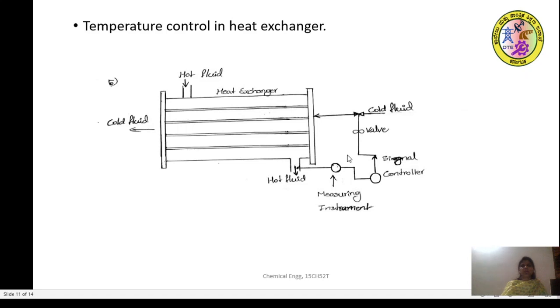If the temperature crosses beyond or falls below the required set point, the controller gives a signal to the valve either to close or to operate, based on the maximum or minimum temperature value of the hot fluid with reference to the set point.